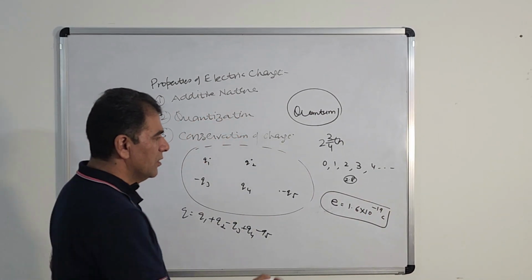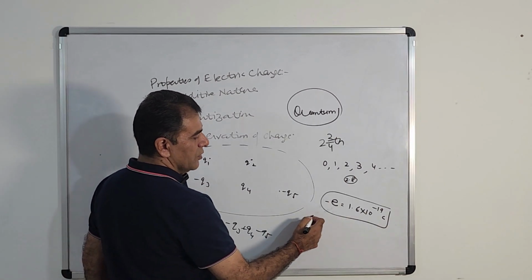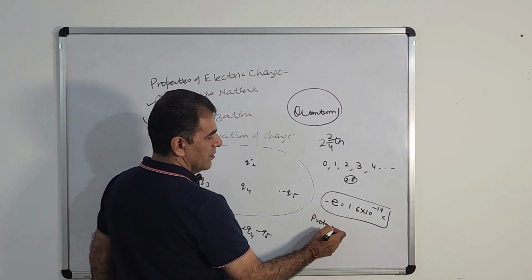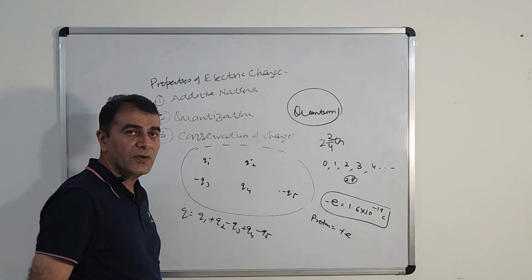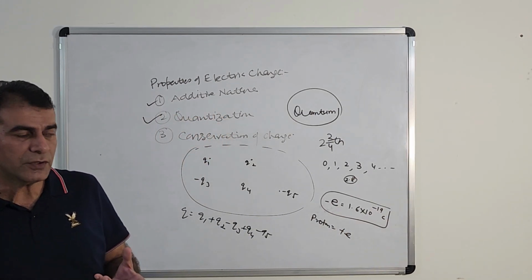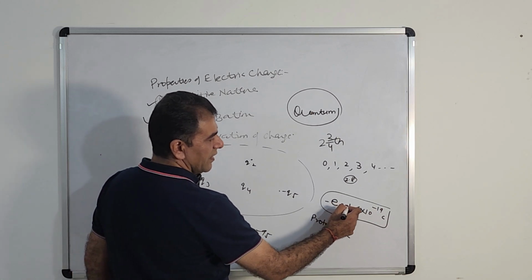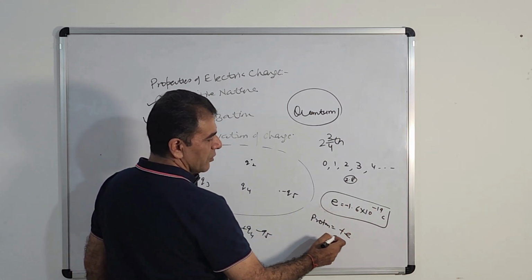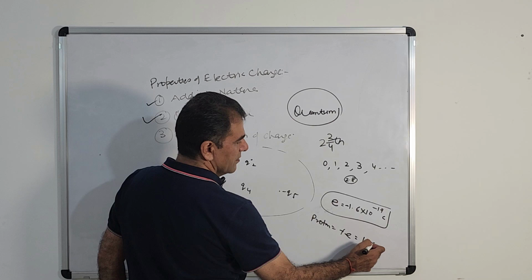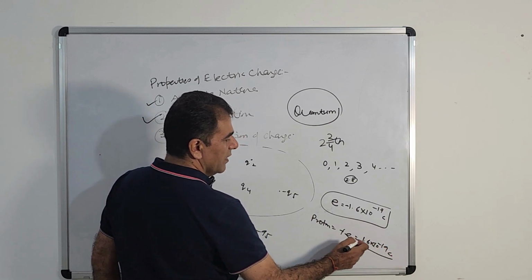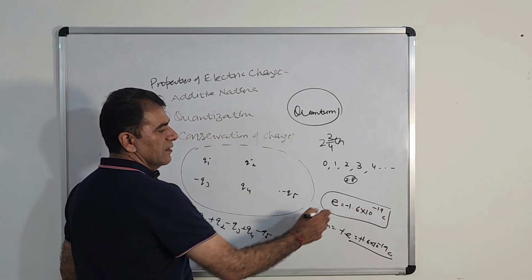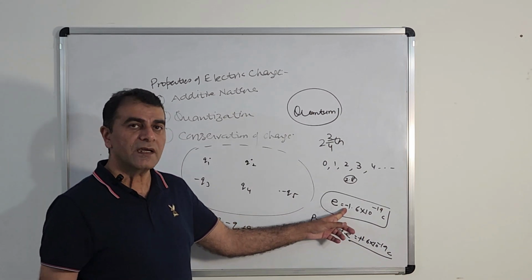Naturally, the charge on an electron is negative and the charge on a proton is positive. The proton's magnitude is also 1.6 times 10 to the power minus 19 coulomb, but it has a positive sign, and the electron charge has a negative sign.